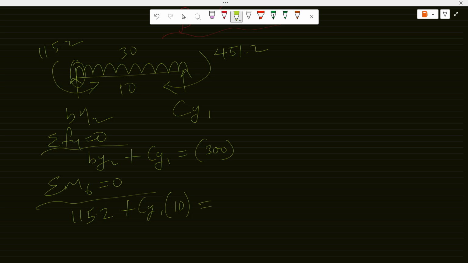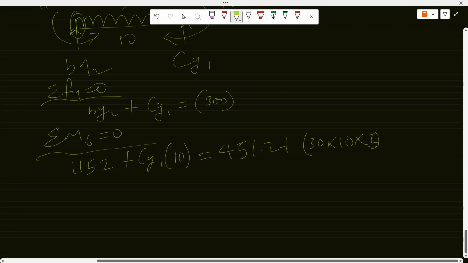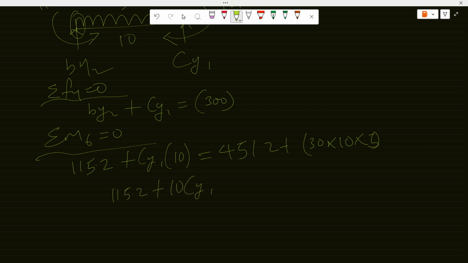Now the remaining are clockwise: 451.2 plus 30 times 10 times 5. Then I'll be having 115.2 plus 10 CY1 is equal to 1951.2.